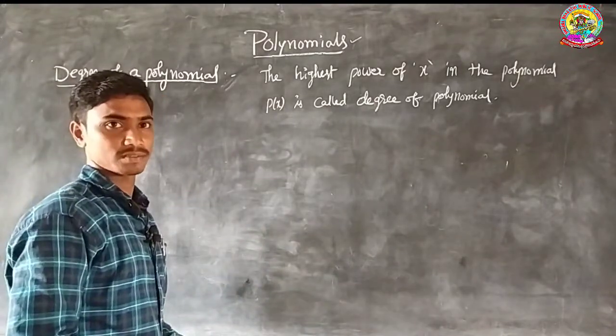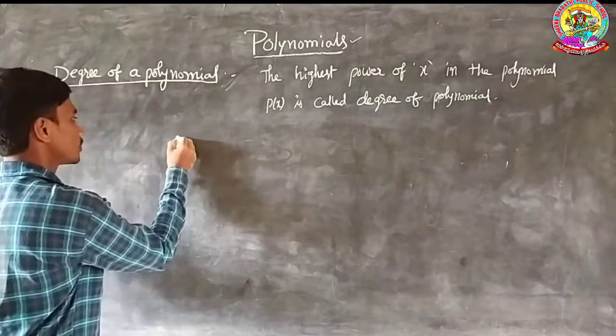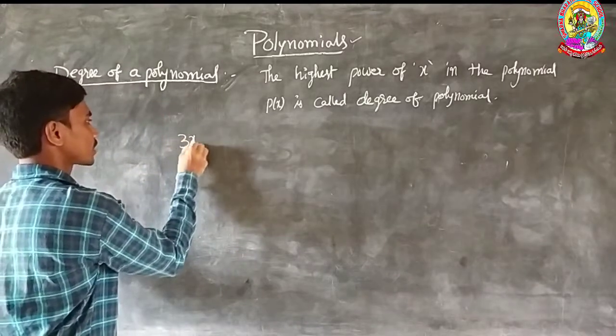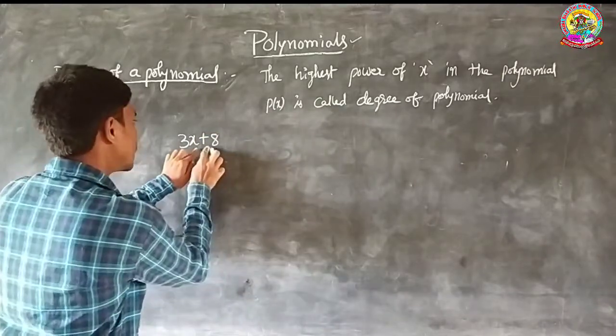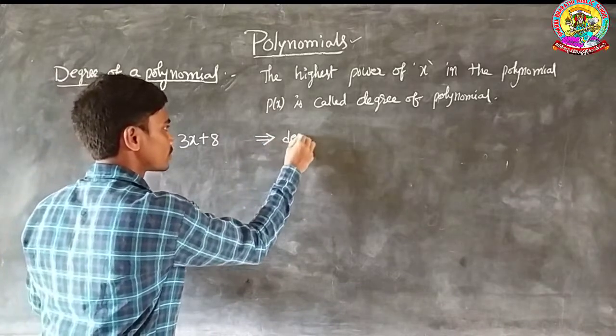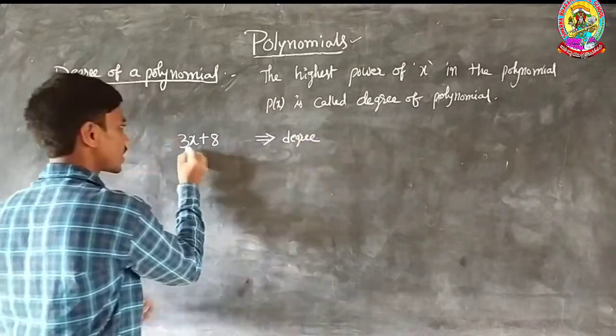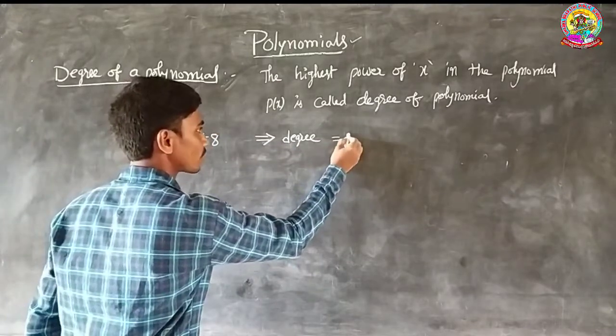Based on degree, polynomials have some special names. For example, 3x plus 8 is a polynomial. What is the degree of 3x plus 8? The highest power term is x power 1, so degree is equal to 1.